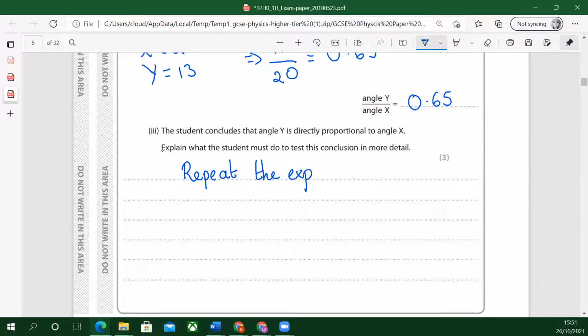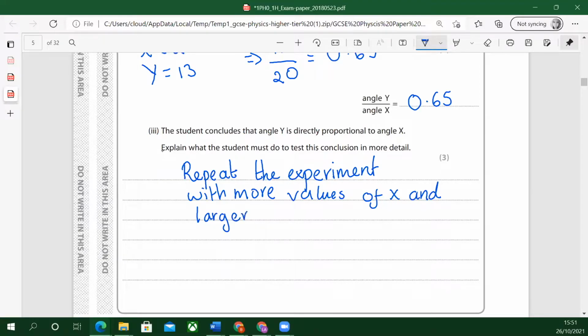You want to write a nice full sentence, with more values of X, and larger values, because we've only got small ones up to 20 there. So larger values of X. We want to see if that line continues.